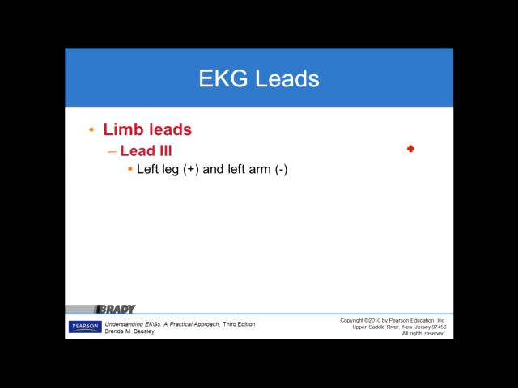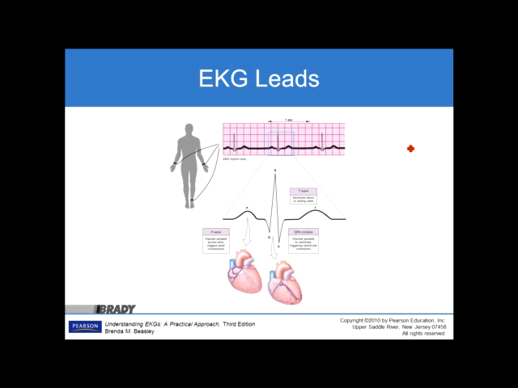And then lead 3. The left leg is a positive electrode and the left arm is a negative electrode. And so whenever we're looking at this, we put an electrode here, here, here, and here on most LifePak 12 or LifePak 15 models. The positive electrode, this is lead 1 here.